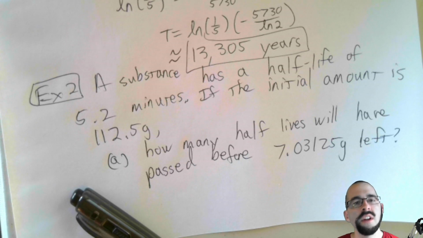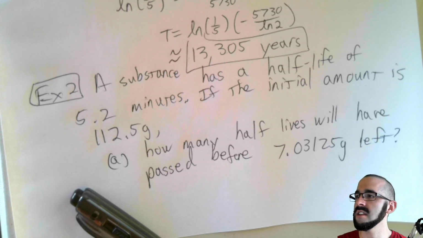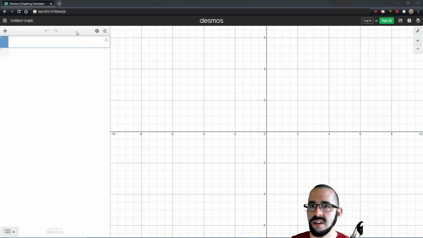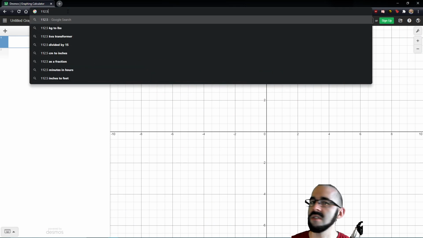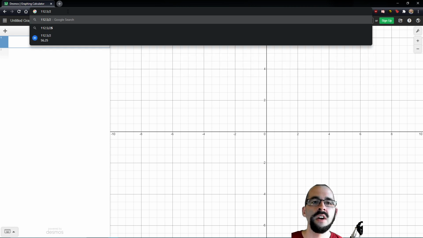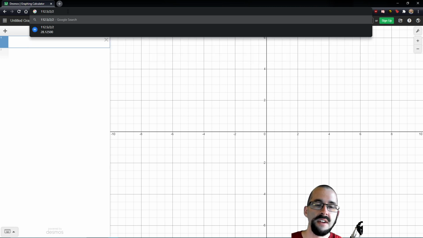All right? So you're going to go to your calculator and you're going to say, okay, what do I have initially? Initially, we said we had 112.5 grams. After one half-life, we should have half of that left, 56.25. After another half-life, we get 28.125. After another half-life, we divide it by 2 again.